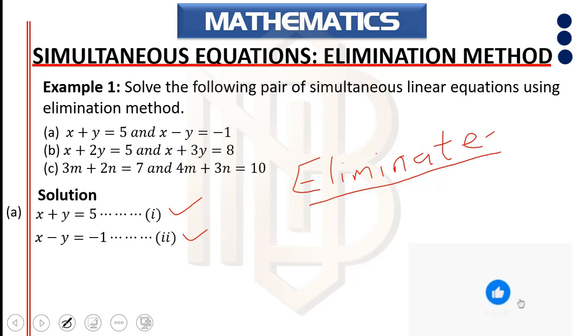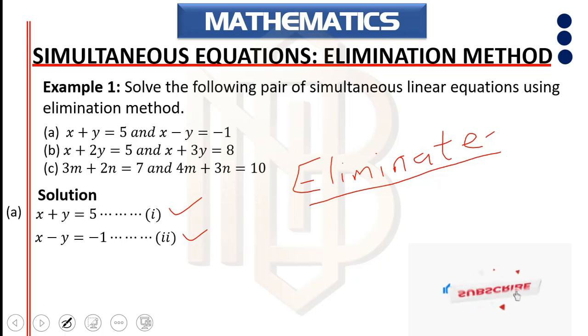For instance, we have x and y here, and we decide the one we want to remove. This is a case of already having similar coefficients. The coefficient of x here is 1, and x here is 1. The coefficient of y here is plus 1, and y here is minus 1.